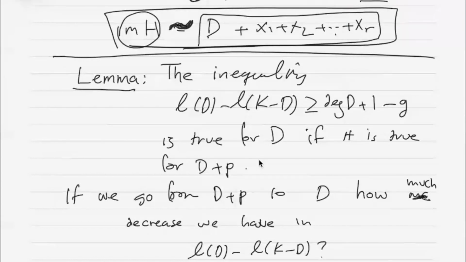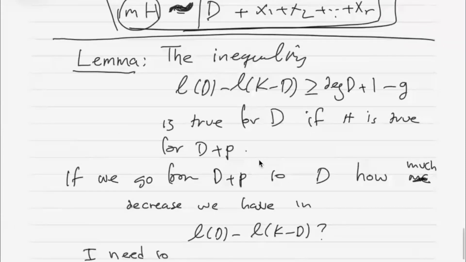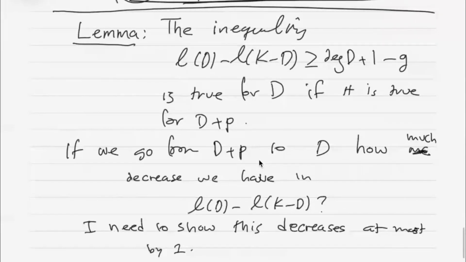So I need to show that this decreases at most by 1. Right? Think about it a little bit. The right-hand side of the inequality, when you go from D plus P to D, will be decreasing exactly 1.